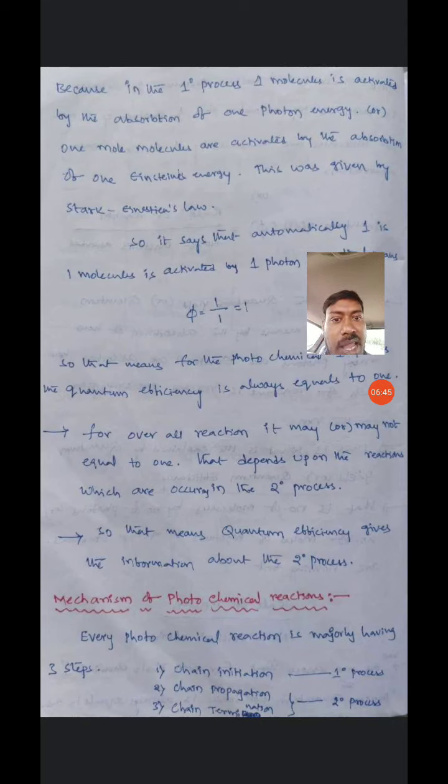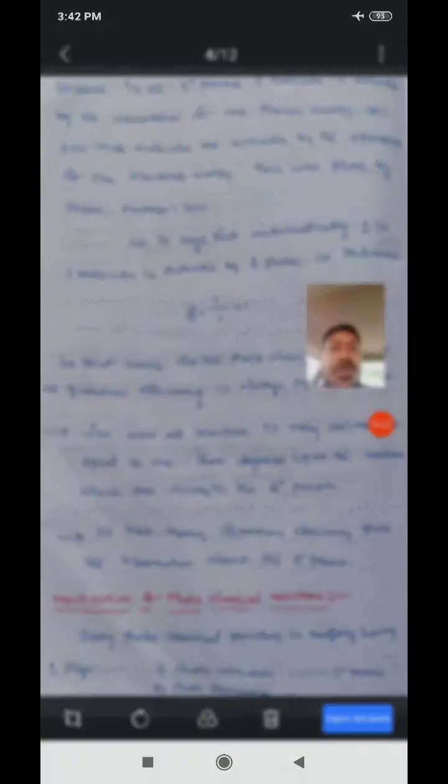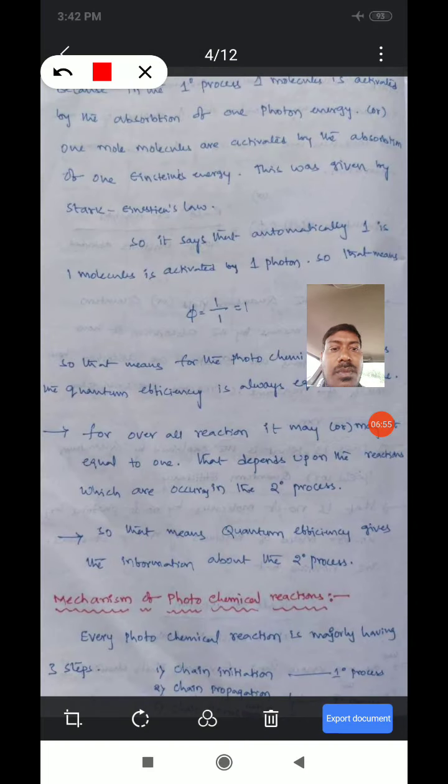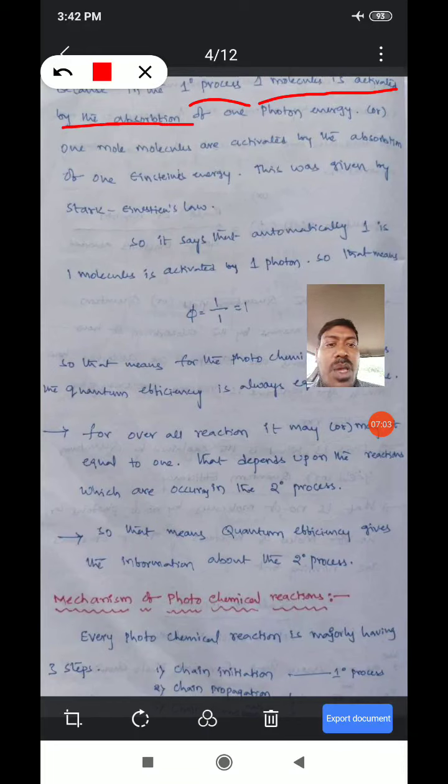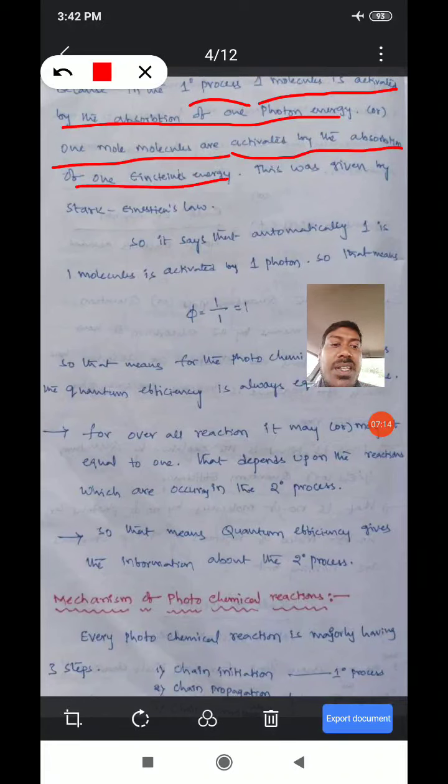So in Stark-Einstein's law, in the primary process, one molecule is activated by the absorption of one photon of energy, or one mole of molecules is activated by the absorption of one Einstein of energy.